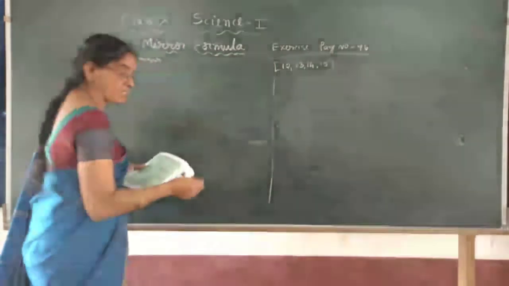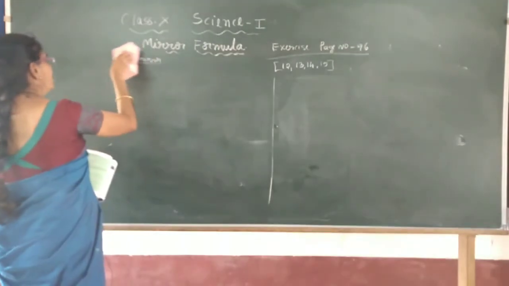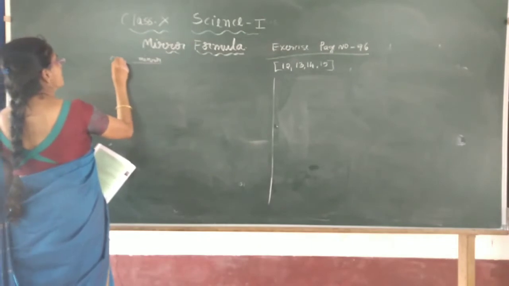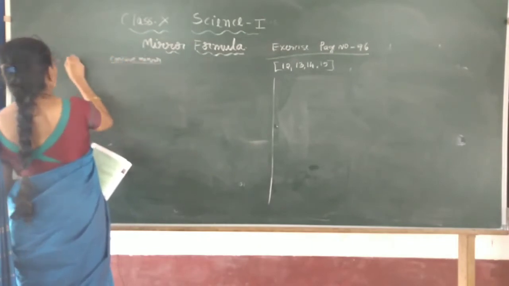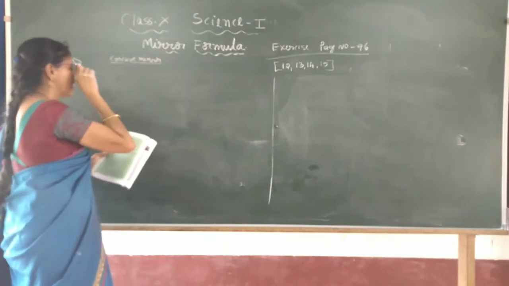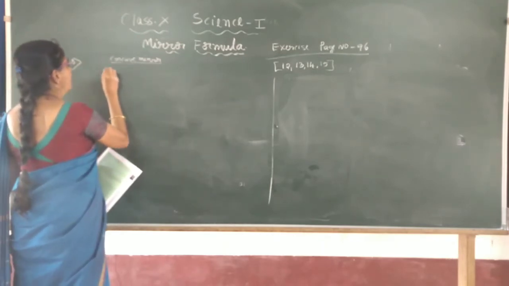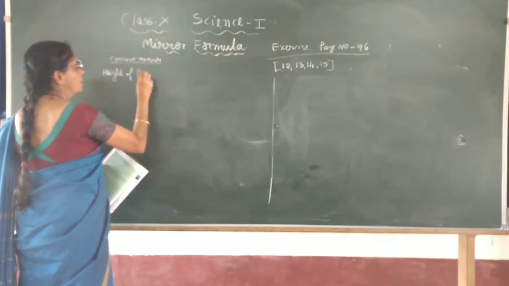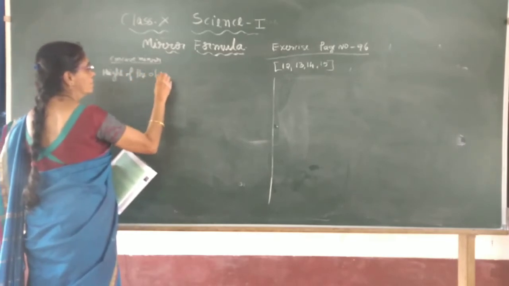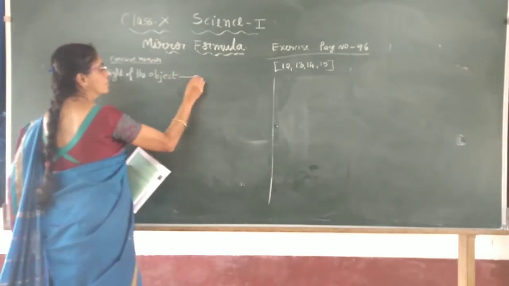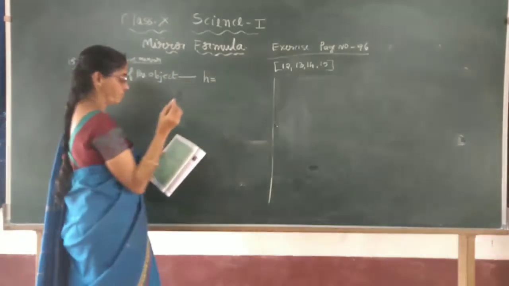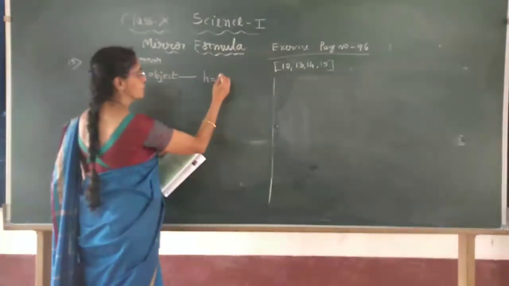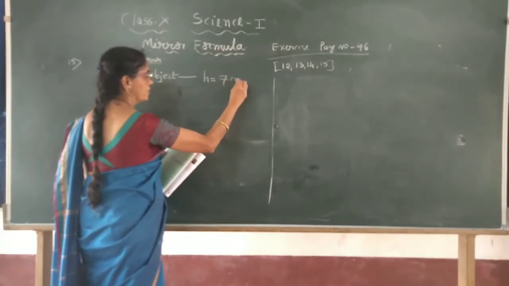15th one, which mirror now? For your convenience to understand the problem, we will write it. It is a concave mirror now, 15th problem. So what values are given? Height of the object, symbol H is equal to 7.0, same as 7, so 7 centimeter.